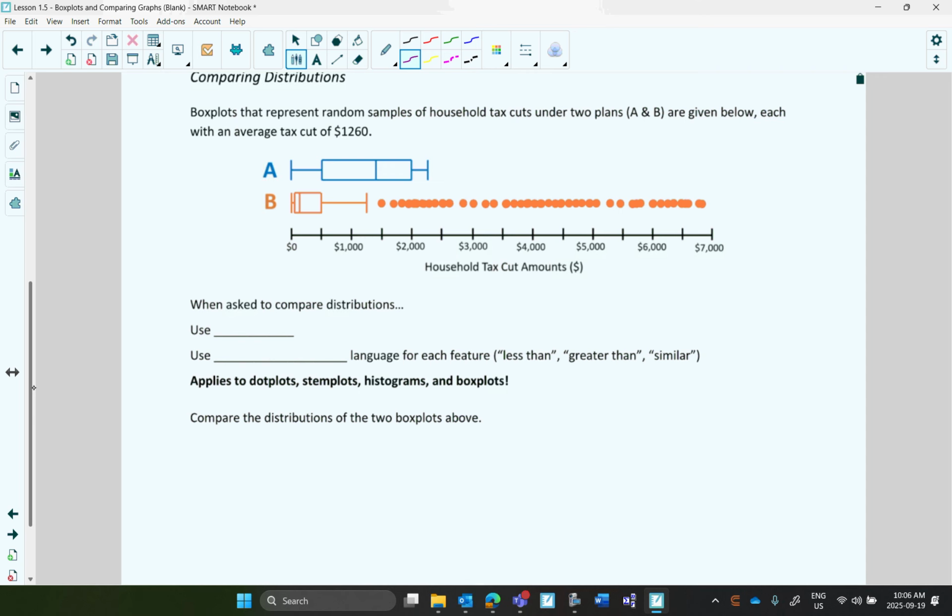So remember, I referred to this in a previous lesson. When we do this, we want to use the four components that I use the word SIVO to remember: shape, center, variability, outliers. And then use comparative language.